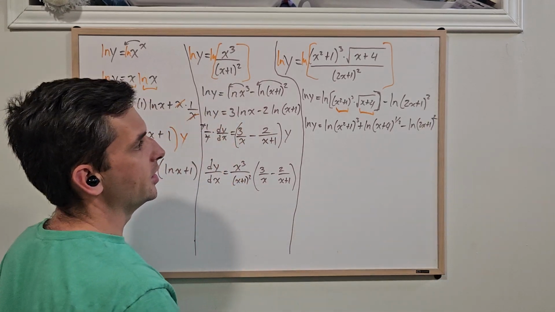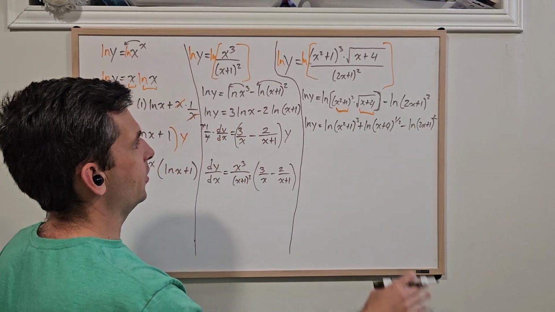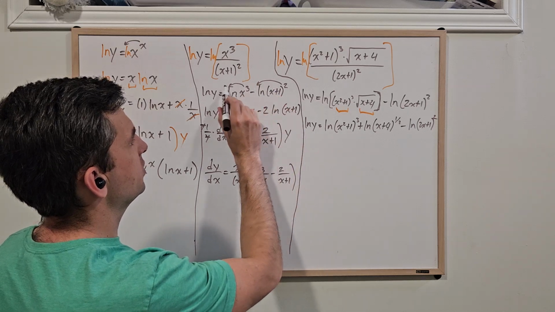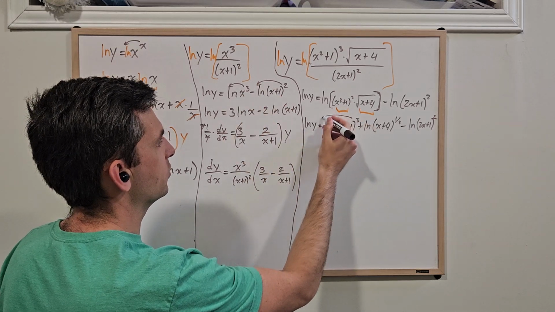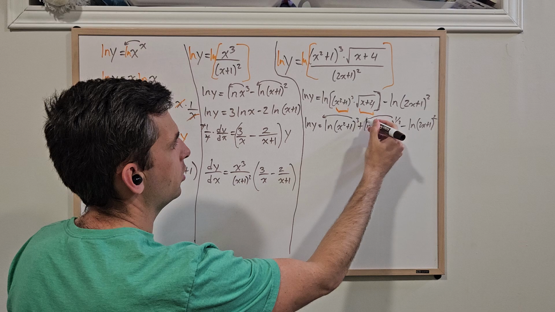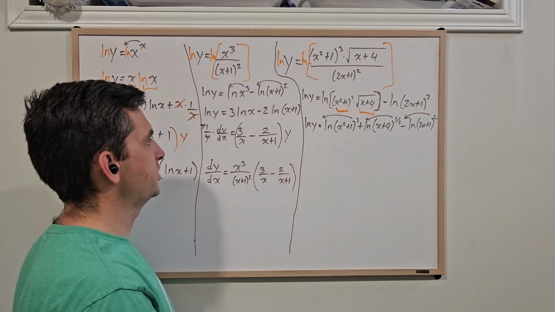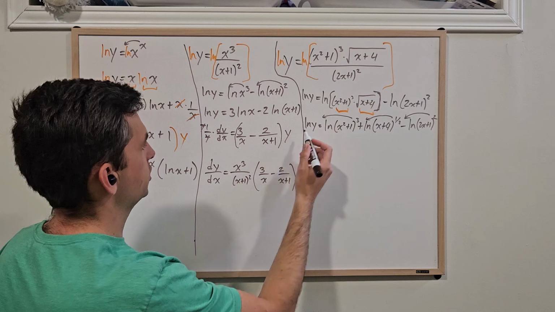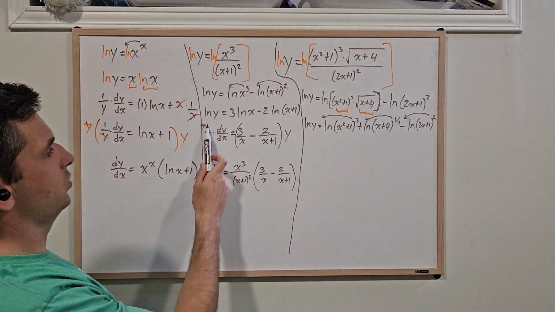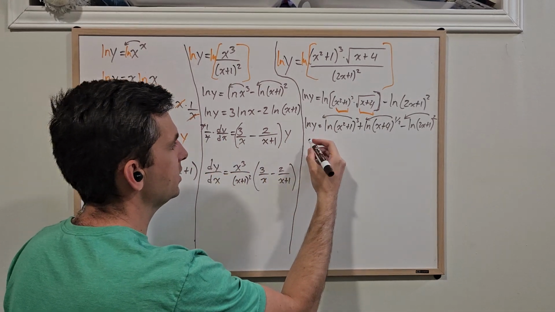Running out of room there, sorry. Okay, now same rule that we used here, my exponent, now I can bring it over the front, okay? I'm going to bring them all down to the front, and I'm going to go ahead and implicitly differentiate this whole thing. This one's going to be the same. It's going to be the 1 over y multiplied by dy dx.